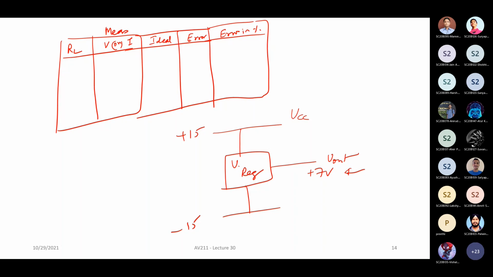So typically these voltage regulators are fed from an unregulated voltage, and from that they give you a regulated constant DC supply. So when you want a constant 7-volt supply, even though your VCC is changing, then you go for a very good reference like a Zener diode. You understood?